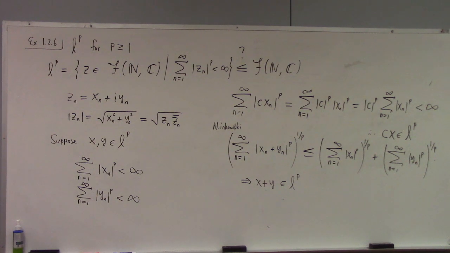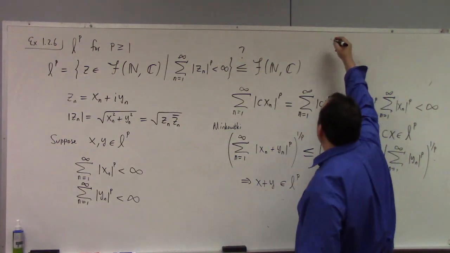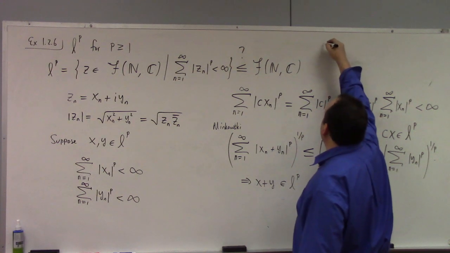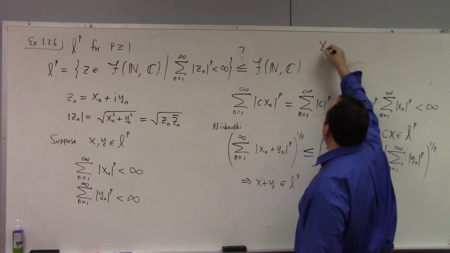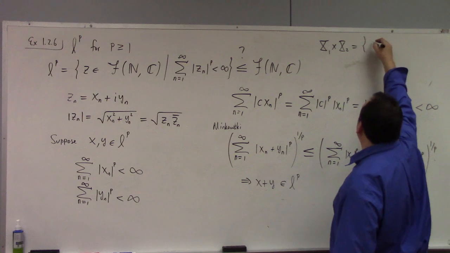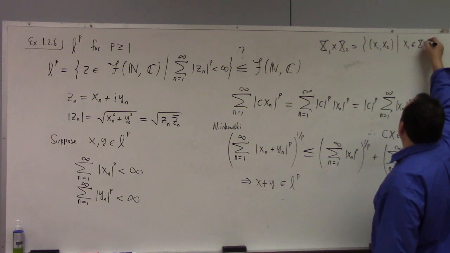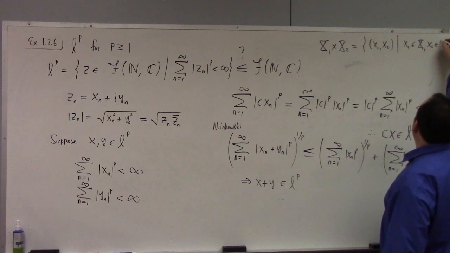So then he talks about Cartesian products of vector spaces. You guys know how to do that? Sure, x1 Cartesian product x2 would be the pairs (x1, x2) such that x1 is in X1 and x2 is in X2.